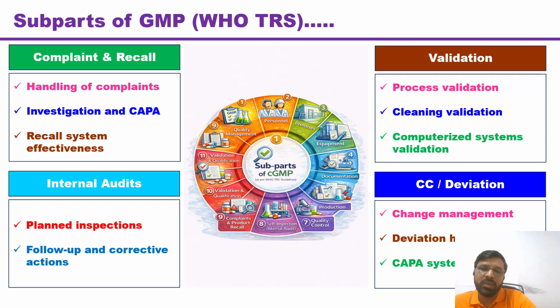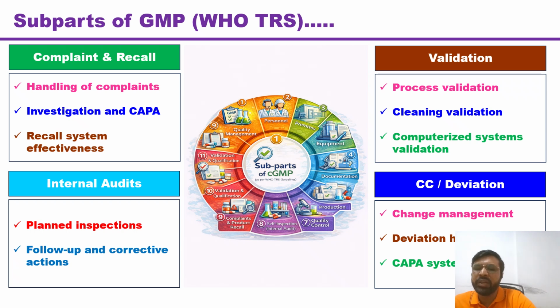Next subpart is change control and deviation, change management. Whenever we are doing any change in the system, it should be documented so that we can trace the changes, we can do the risk assessment on the changes, we can check the effectiveness of the changes. Next one is deviation. The deviations are departures from the approved procedures.